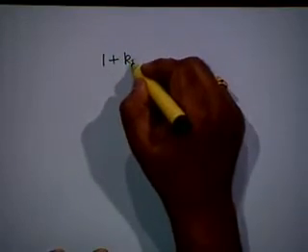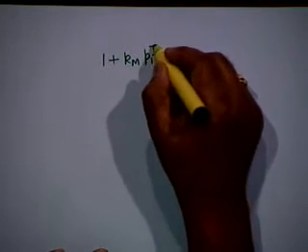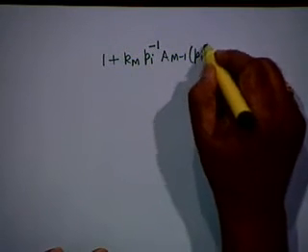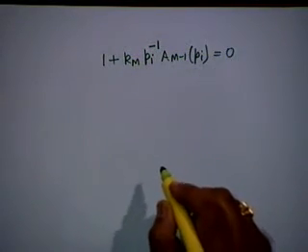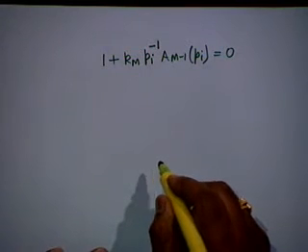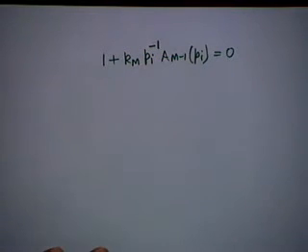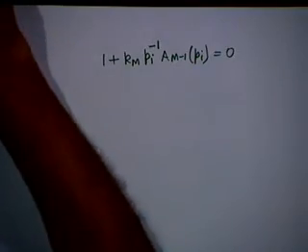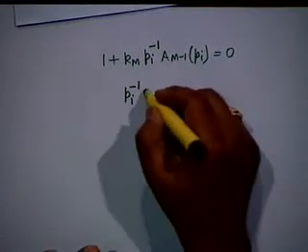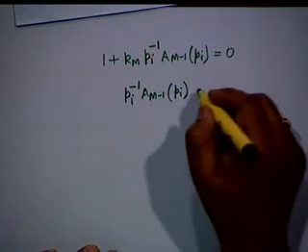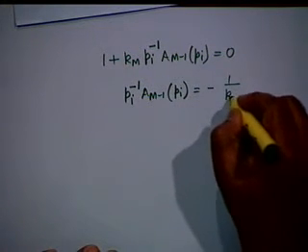Okay. Then if p_i is a pole of A_M(z), now look at the beauty of the proof. Therefore, 1 plus K_m p_i inverse A_{M-1}(p_i) should be equal to 0, right? Therefore, p_i inverse A_{M-1}(p_i) should be equal to minus 1 over K_m.